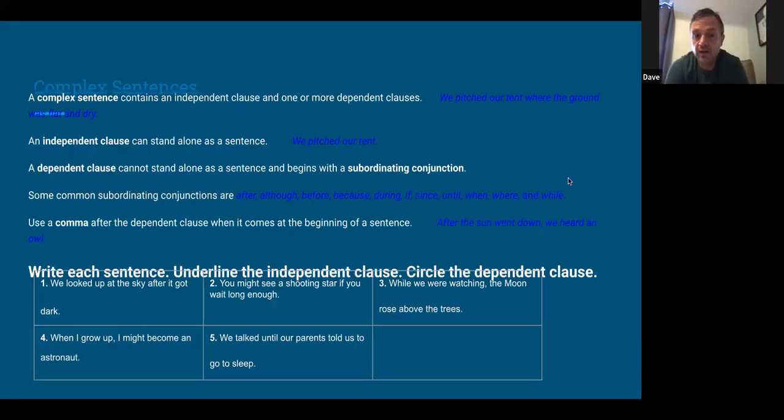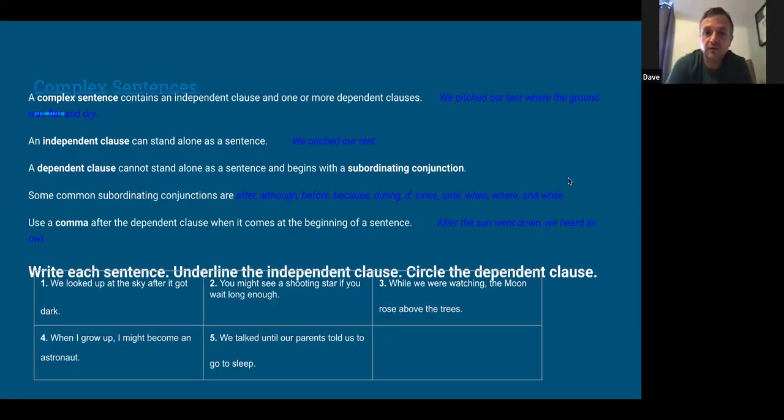So this one has a dependent clause in the beginning. It has its comma, and then its independent clause, its sentence. Number 5, we talked until our parents told us to go to sleep. So it has an independent and a dependent clause.